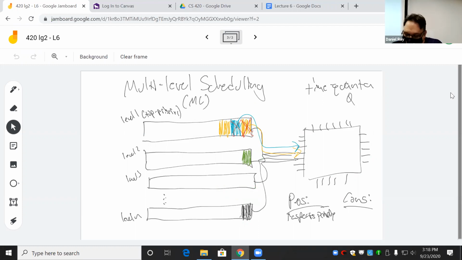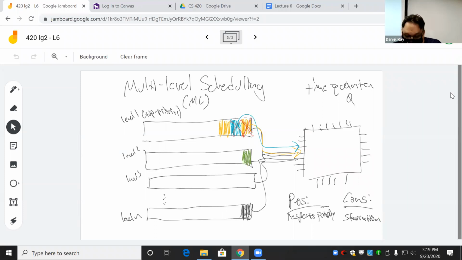Okay? And even if all these levels clear out and he miraculously gets to go on the processor, he only gets to run for one time quanta, and then he's back down here, waiting again. Okay? So the biggest drawback is that this really suffers pretty greatly from starvation.